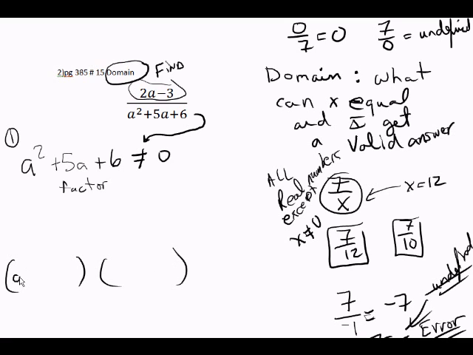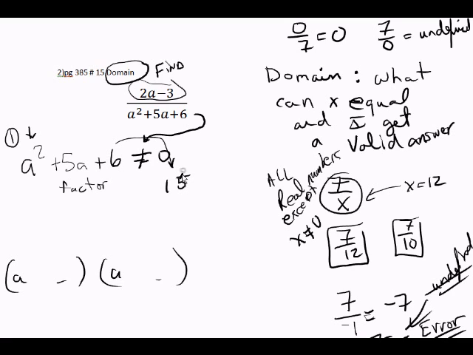Can you factor this? A squared plus 5a plus 6. Do you know how to factor that? Do you know how we put two big parentheses and we're going to have an a and an a since it's an a squared? And what numbers go in here? Okay, now be careful about that. Find all pairs that multiply together to get 6.